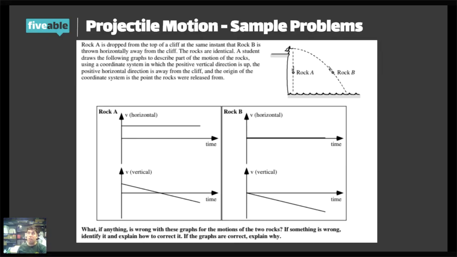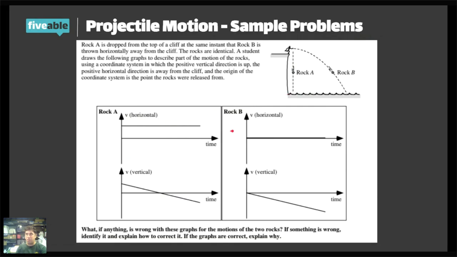So looking at rock A, it falls straight down. It never ends up farther away from the cliff, which means already I have an issue with rock A's graph up here. This says it has a horizontal velocity, but rock A doesn't move away from the cliff at all.